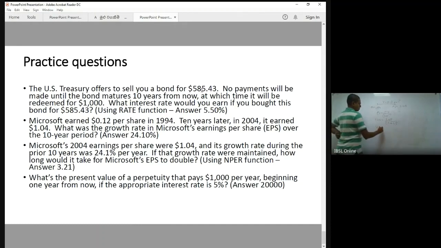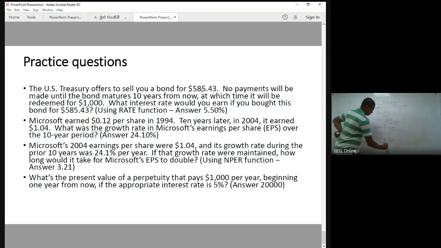So 1 plus 24.1% to the power n is 2.08 divided by 1.04. This is 2. It is doubling. So 1.241 to the power n is 2. Then you need to take the logarithms: n times the logarithm of 1.241 equals the logarithm of 2.